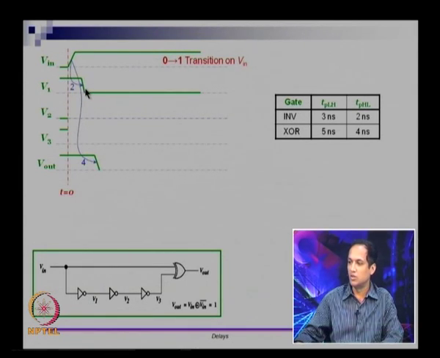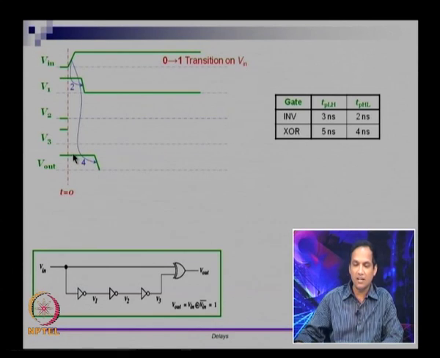This 1 to 0 is the high to low delay of the inverter, that is 2 nanoseconds. If you observe the output V out, V in is also driving V out, right. So the output is also going from high to low, let us assume. If it is going from high to low, then its delay is 4 nanoseconds. So you can see that this transition from 0 to 1 is causing V out to go from 1 to 0.